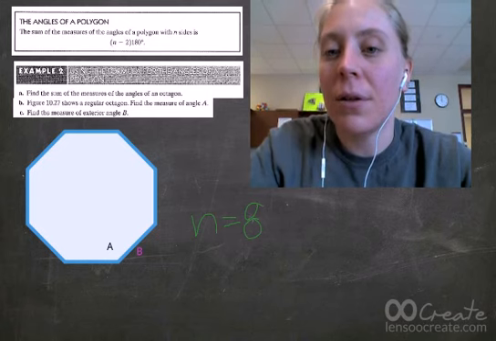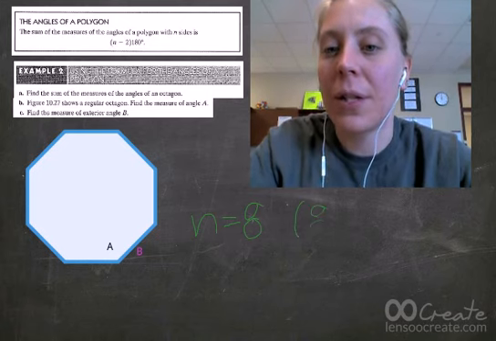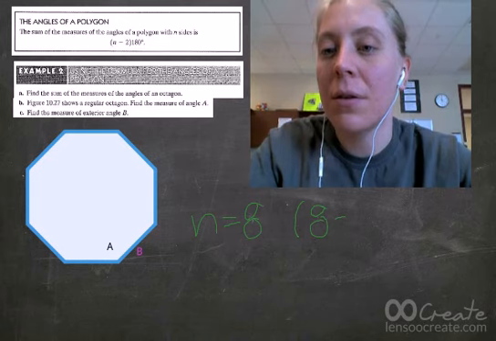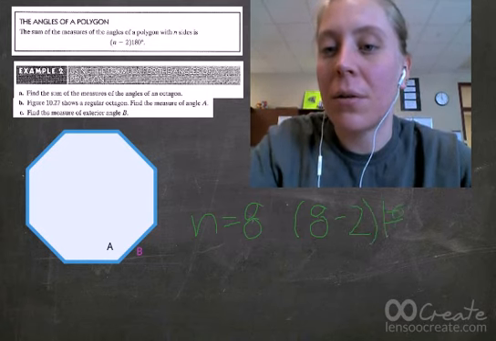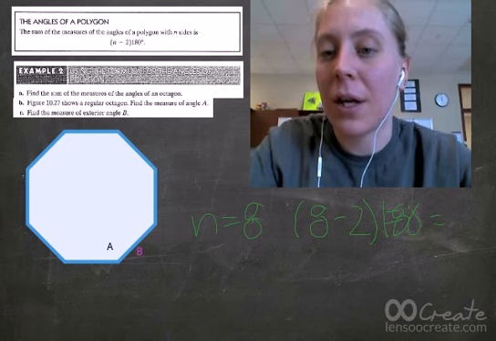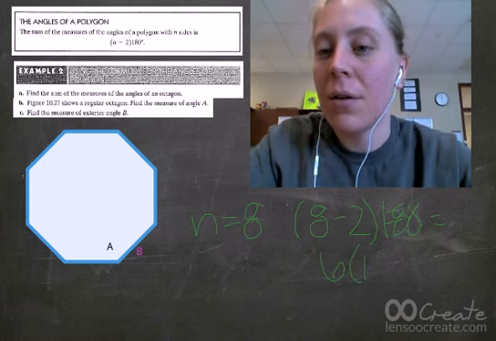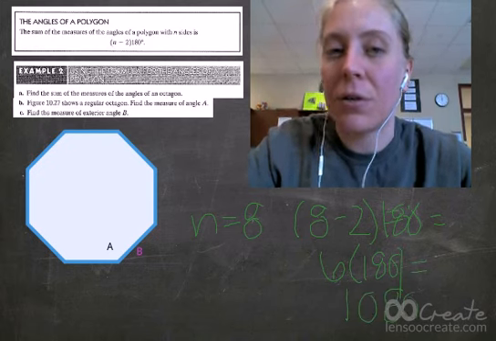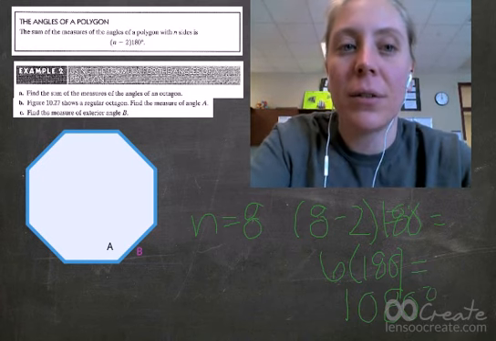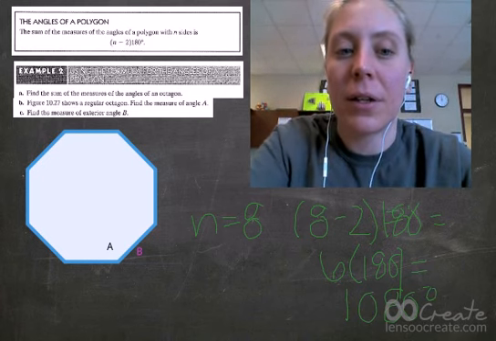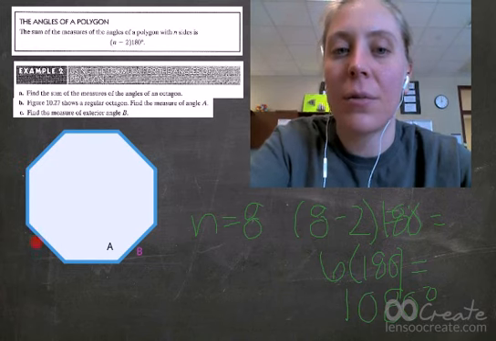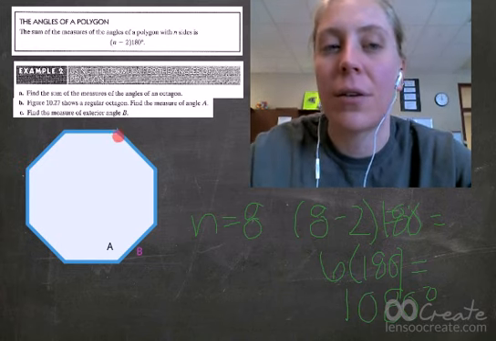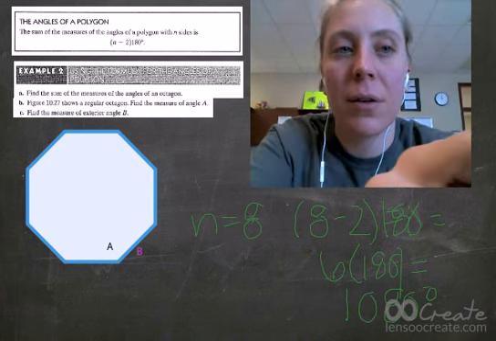If I want to know the measure of the angles, plugging in 8 for my number of sides, we get 6 times 180, which tells me that there are 1,080 degrees in those interior angles. So all of these angles here on the inside add up to 1,080 degrees.